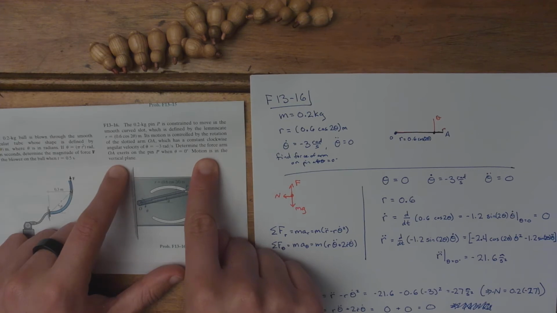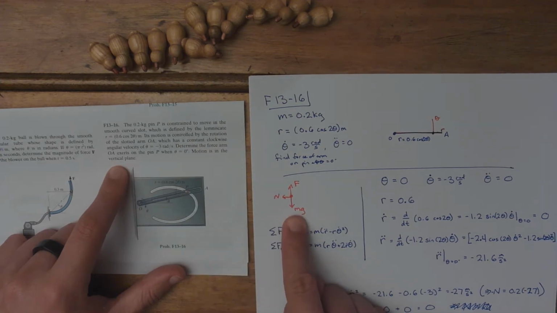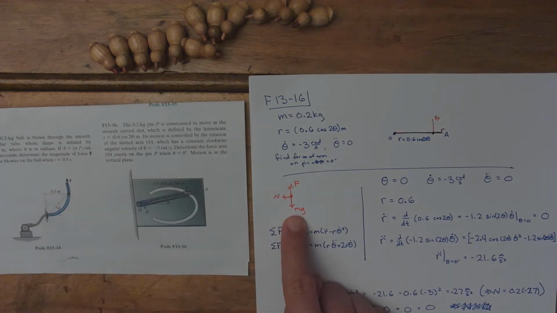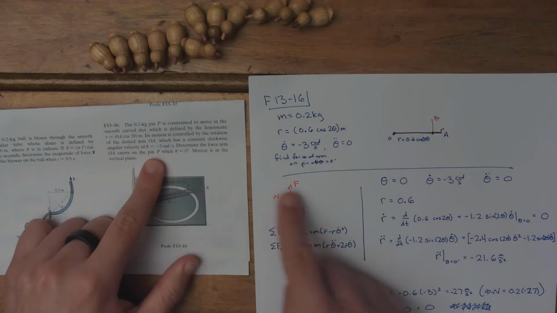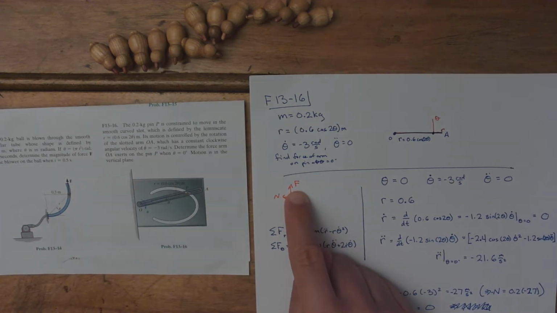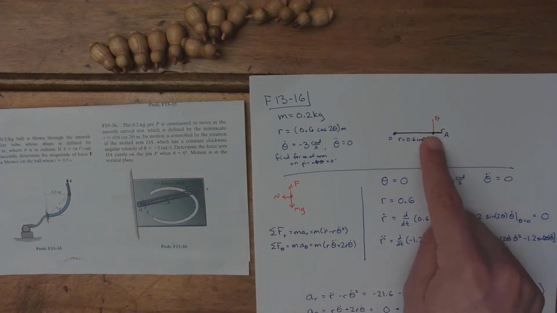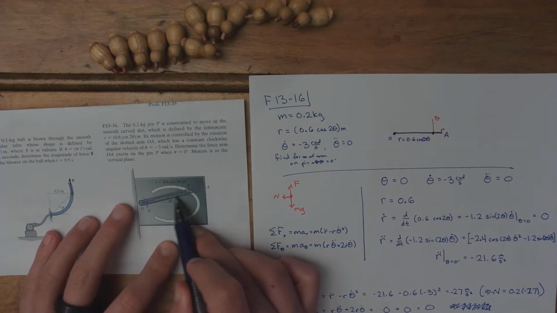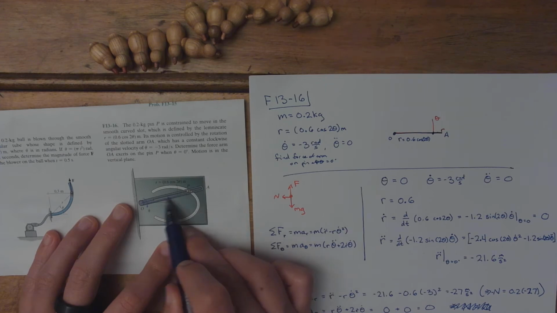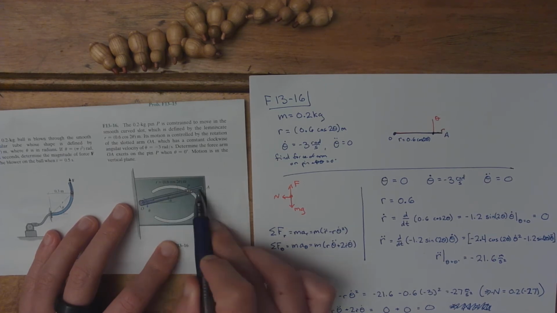Motion is in the vertical plane, which means we have a force of gravity acting downwards like this. I'm going to call the force that arm OA exerts on the pin P force F. And when the angle is equal to 0 degrees, that force has to be perpendicular or normal to the surface here.